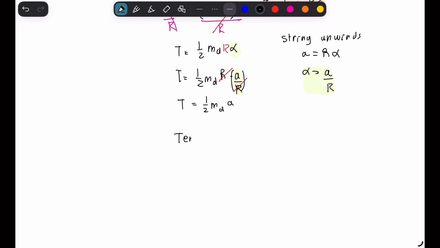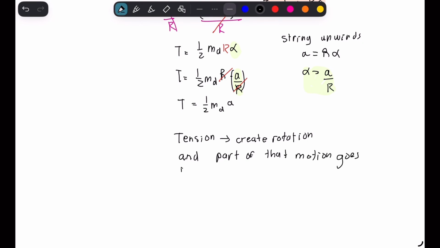So we have tension that is going to create rotation, and part of that motion goes into rotational acceleration.